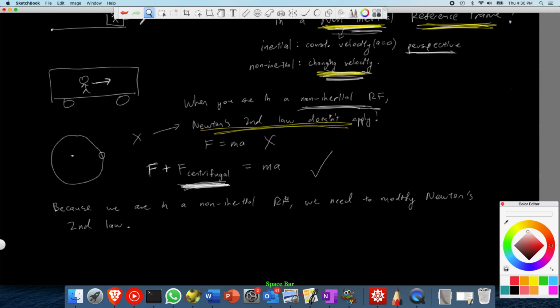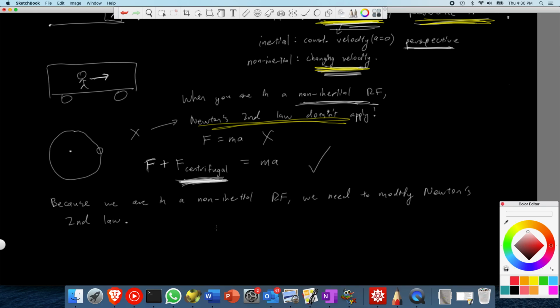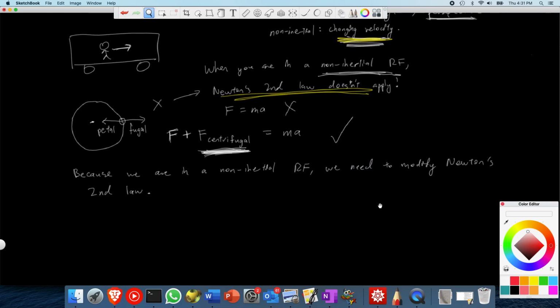Does that make sense? It turns out that this centrifugal force term has the same magnitude but opposite direction as the centripetal force. When the centripetal force is pointing towards the center of rotation, the centrifugal force that you need to add has the same magnitude but the opposite direction.